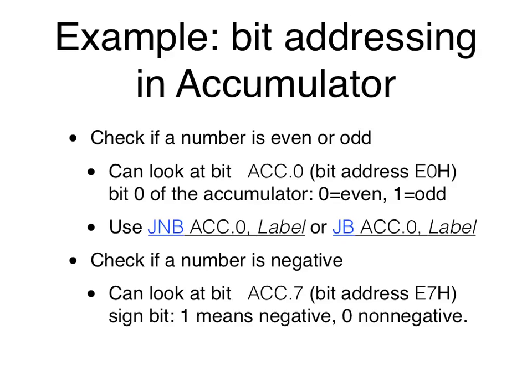If ACC.7 is 1, that means it's negative. Also, you can tell if something is even or odd by looking at ACC.0, right? Because if it's 0, that means it's even. If it's 1, that means it's odd. So, yeah, just by looking at certain bits, it can be pretty useful.